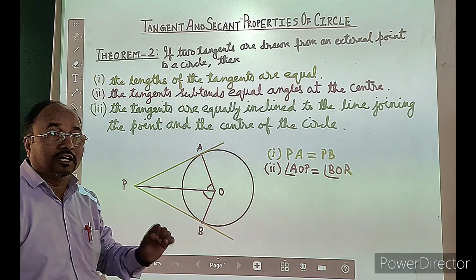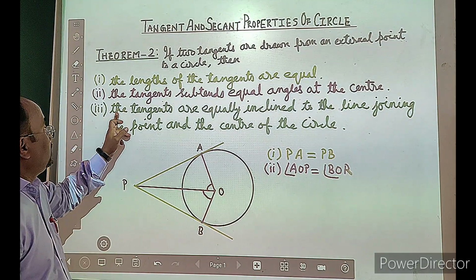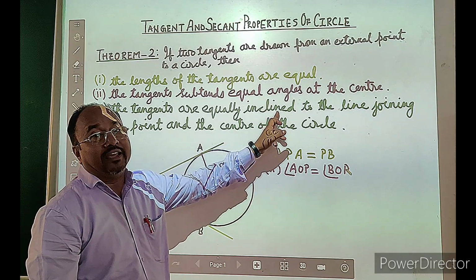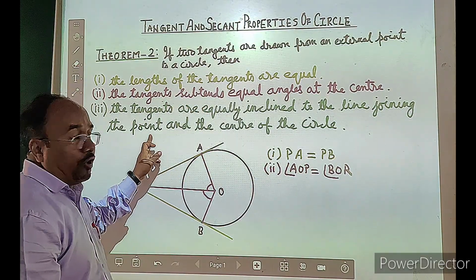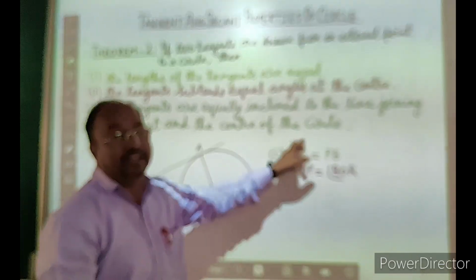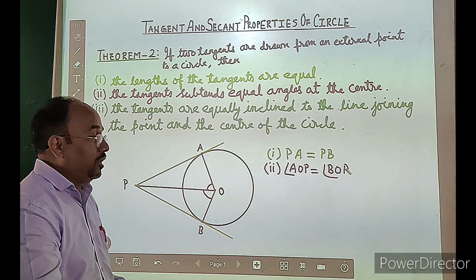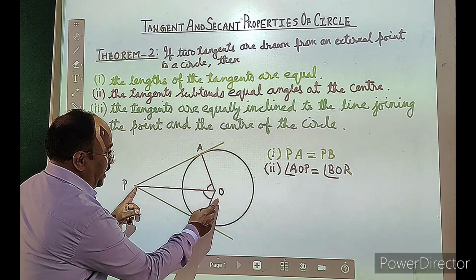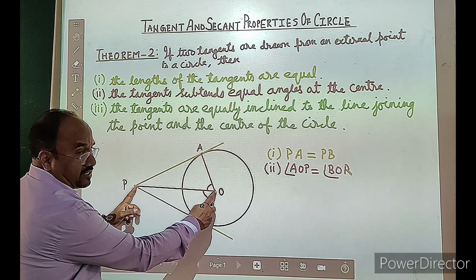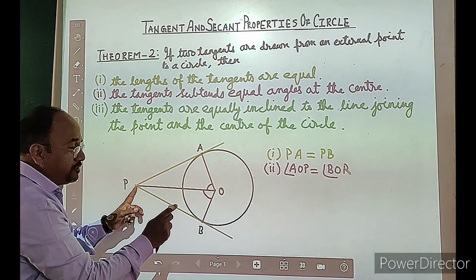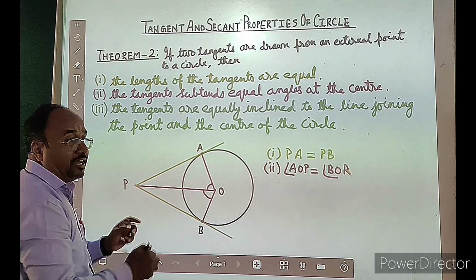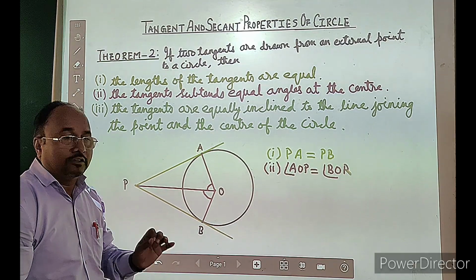Now to the third part. The tangents are equally inclined to the line joining the point and the center of the circle. Now see, this is the line which we get by joining the external point and the center of the circle. So the theorem says these two tangents are equally inclined.